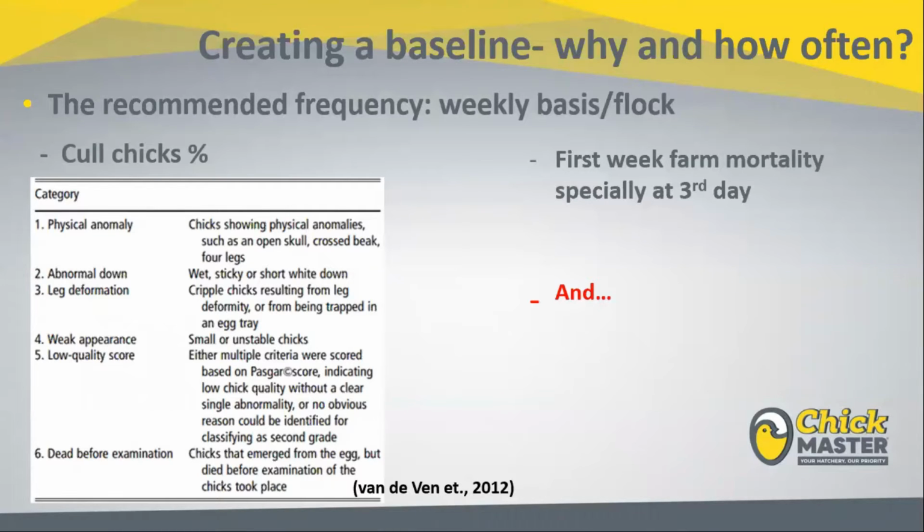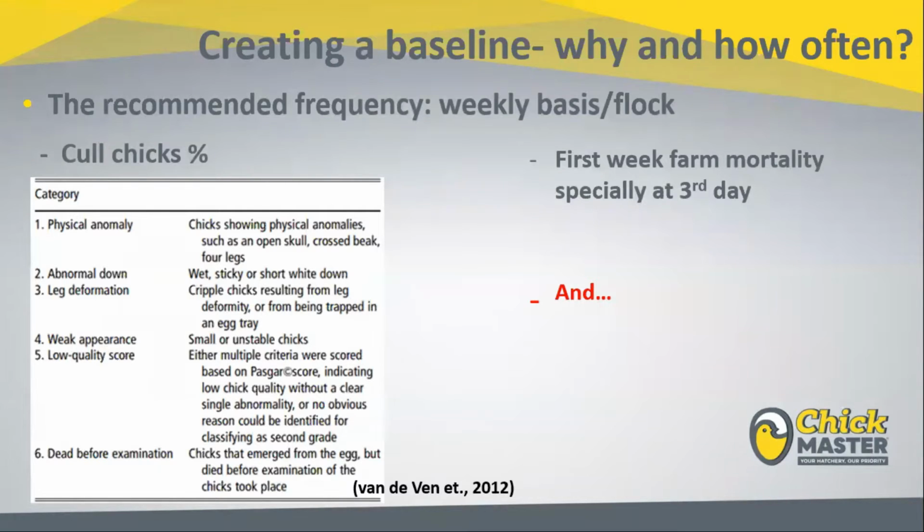We also have the monitoring of the chick first week mortality. This is done in the farm and reported to the hatchery. These two parameters are very important and should be measured on a weekly basis and per flock.